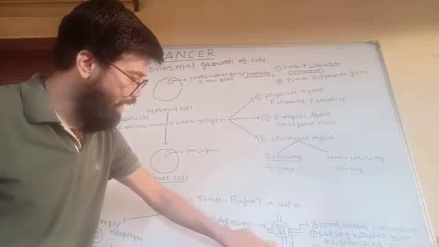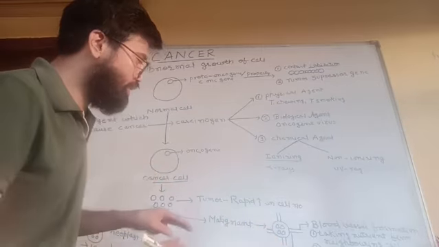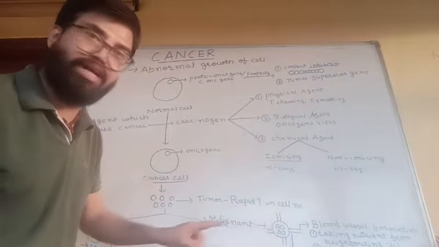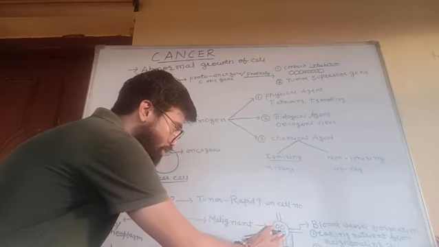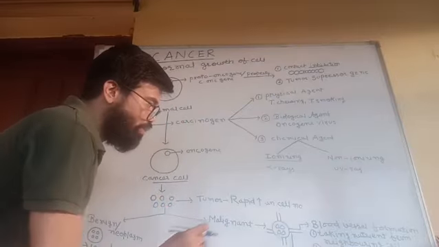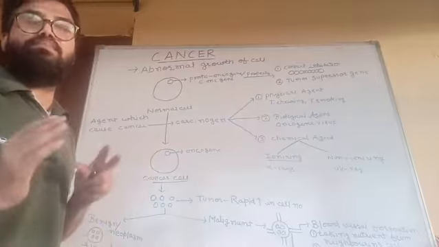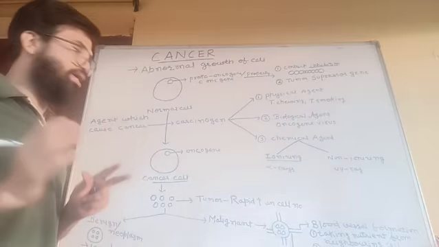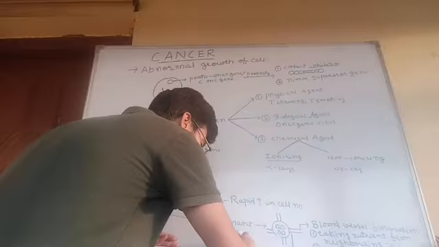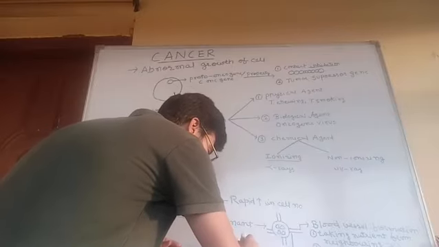Understand what will happen? Angiogenic factor release, then the breaking of the capsulated structure. When this capsulated structure breaks, the cell comes out from it and by the help of the blood vessels spreads to other organ.